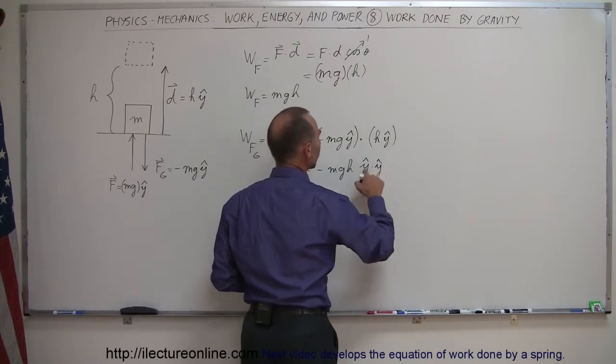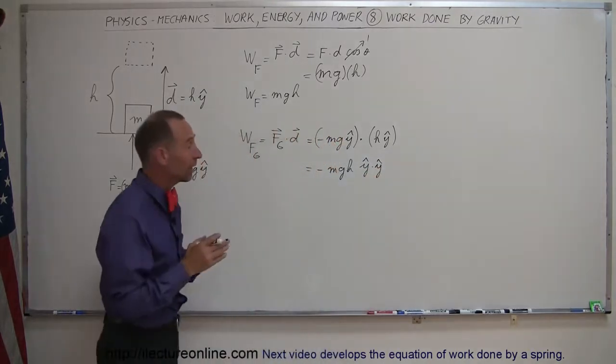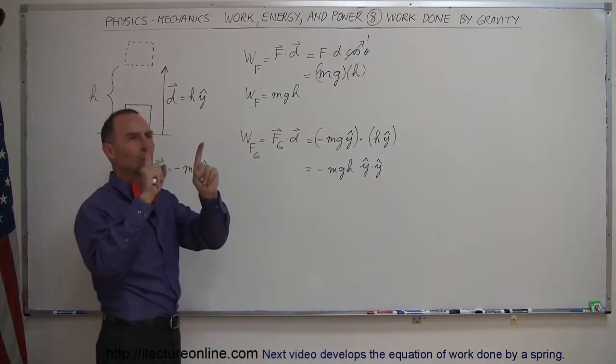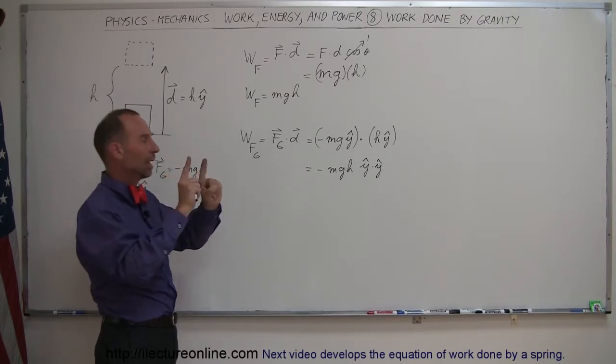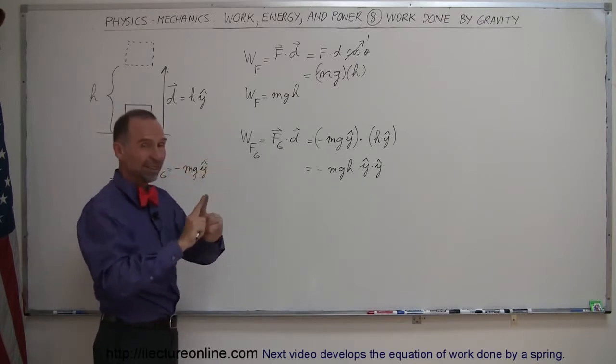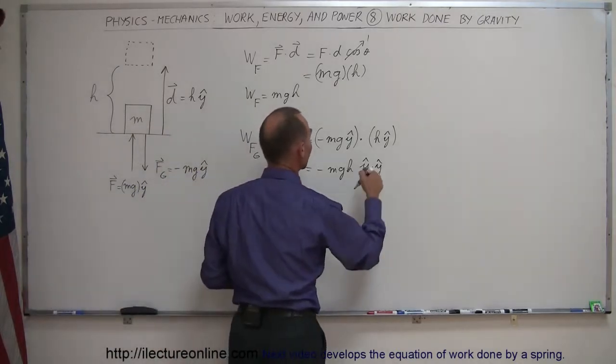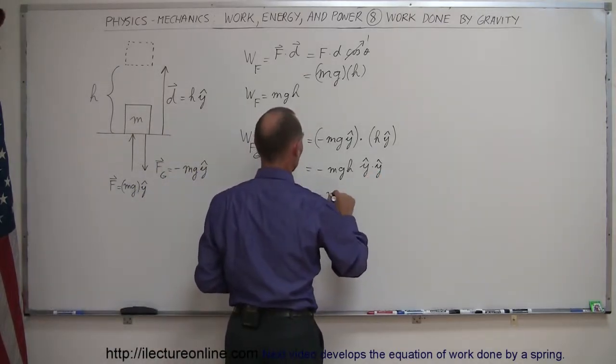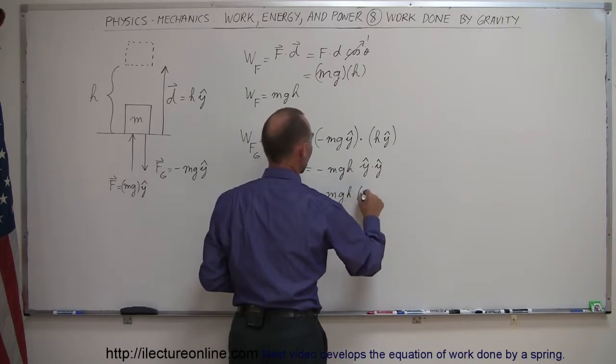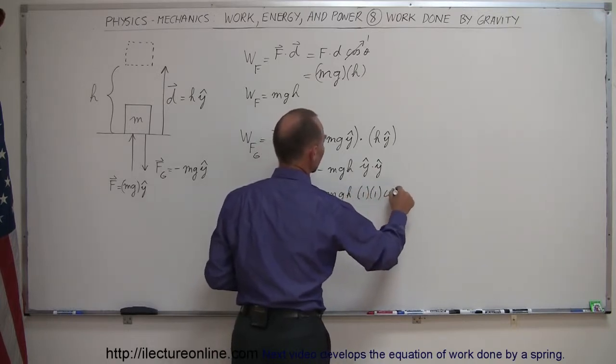These are two unit vectors dotted together, and since they're each only 1 unit long and pointing in the same direction, this is equal to 1 times the cosine of the angle between them, so minus mgh times 1 times the cosine of theta.